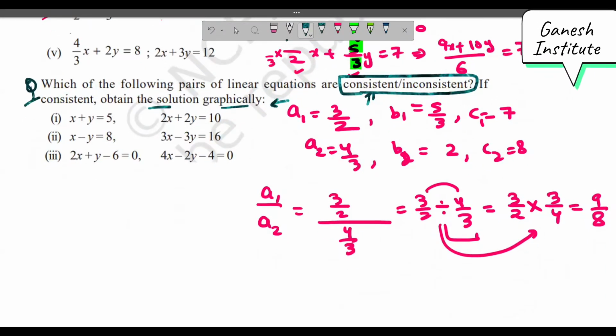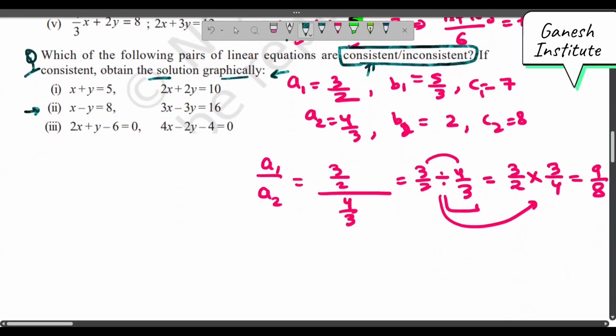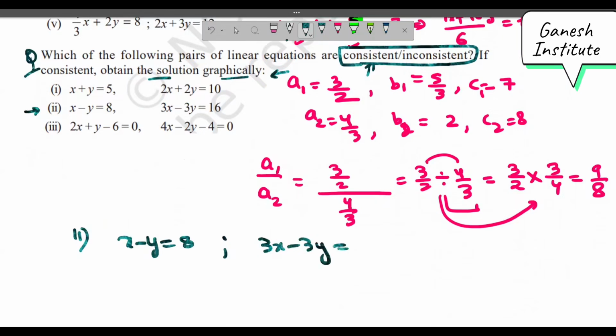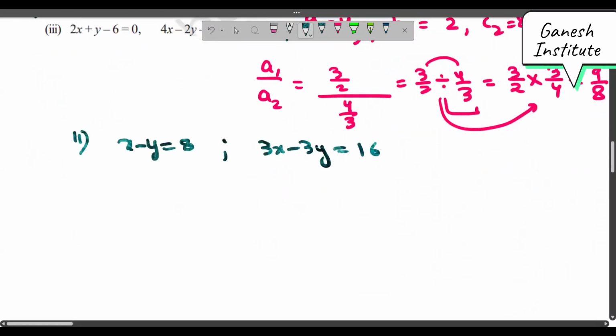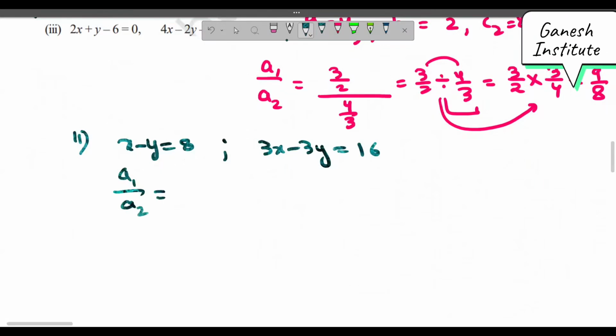I'm telling you, second part, and then you will do first and third. Okay. So first of all, I'm checking. I think this is pretty clear. A1 over A2 is what here? A1 over A2 would be 1 over 3.